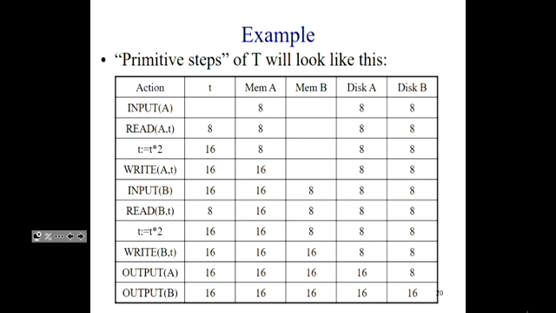So here is how one execution of this transaction T might look. Let's say you have the values 8 and 8 for A and B on disk. Again, these are elements being undefined. It could be records, it could be values of a certain attribute, or it could be blocks or relations, okay?